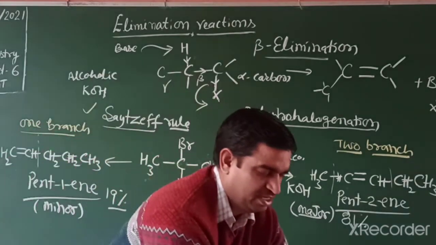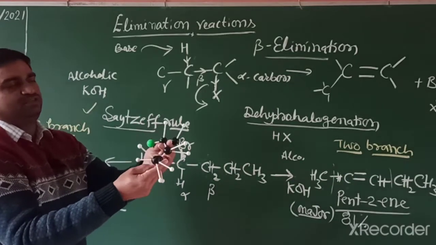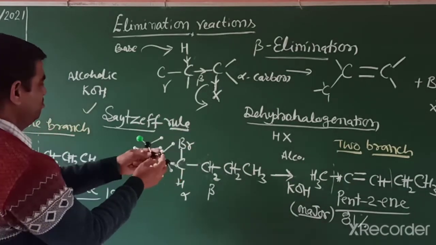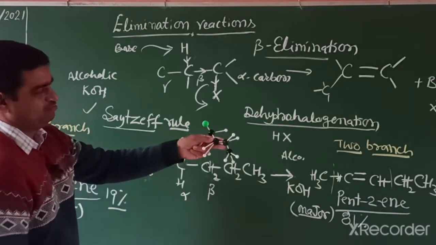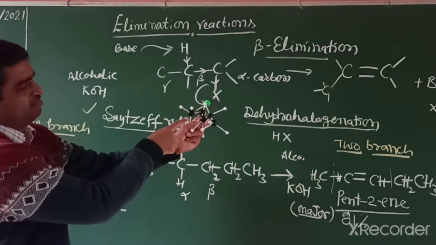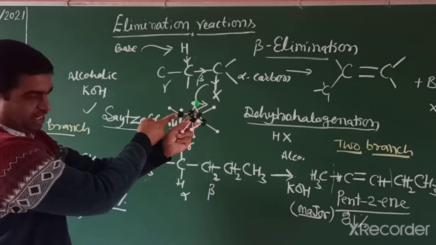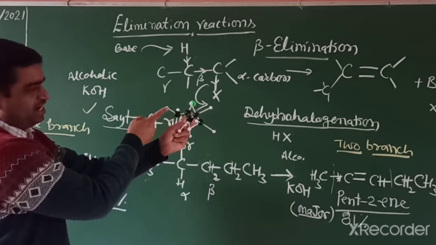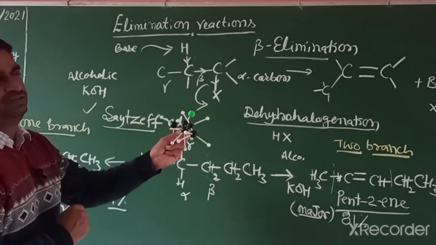Hence we can explain it by an atomic model also. This is one example of 2-bromopentane. In this, the second carbon has the bromine atom attached. So the nearby carbon on the left-hand side is the beta carbon and its hydrogens are beta hydrogens. So a base abstracts a beta hydrogen. Why?